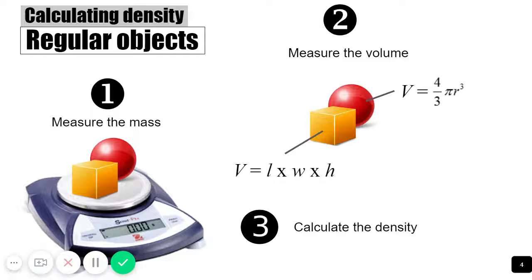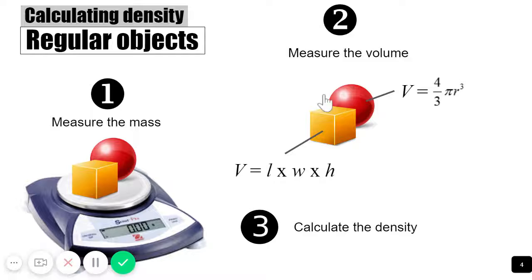Secondly, after measuring the mass, you measure the volume. The volume of the cube here is length times width times height. And the volume of the sphere is 4 over 3 times pi times r to the power of 3. I am not going to focus so much on the maths because the math subject is a math subject. I want to focus more on the concept.